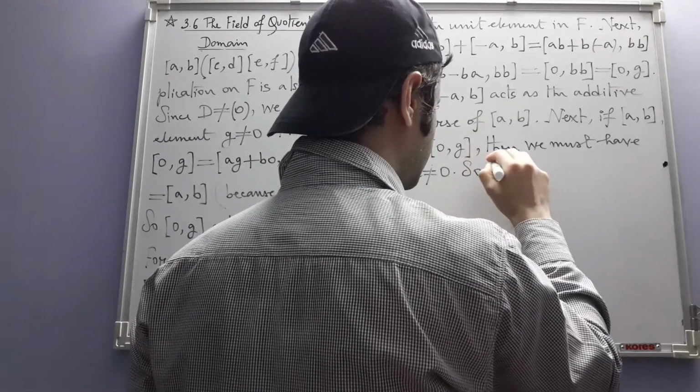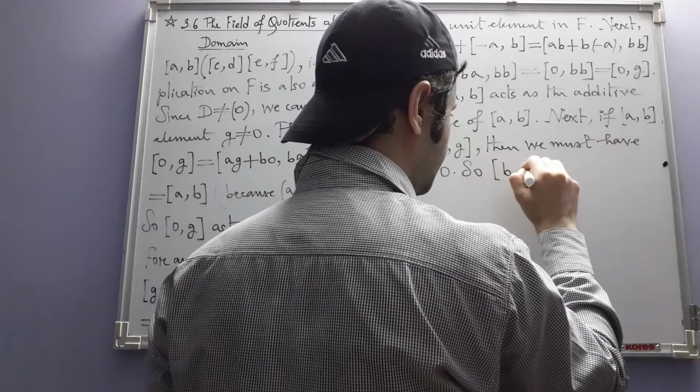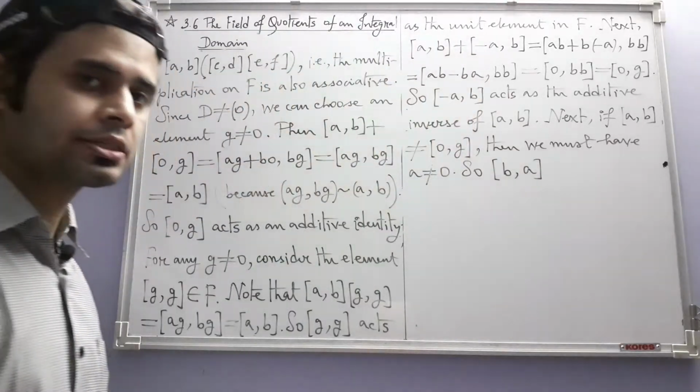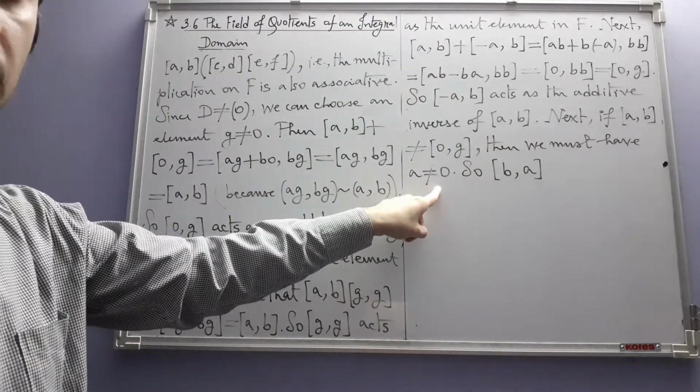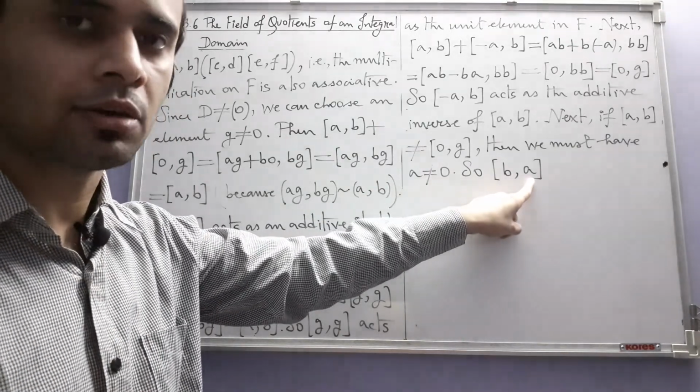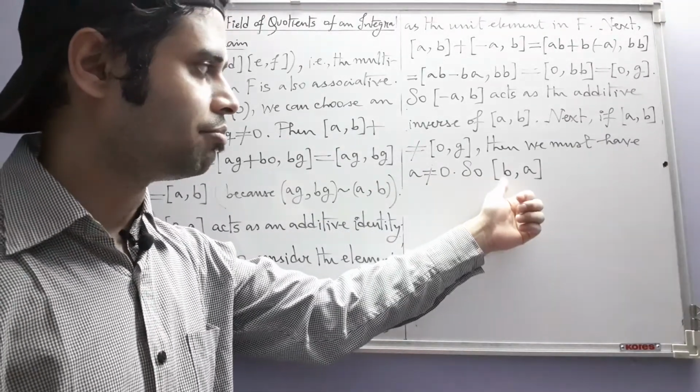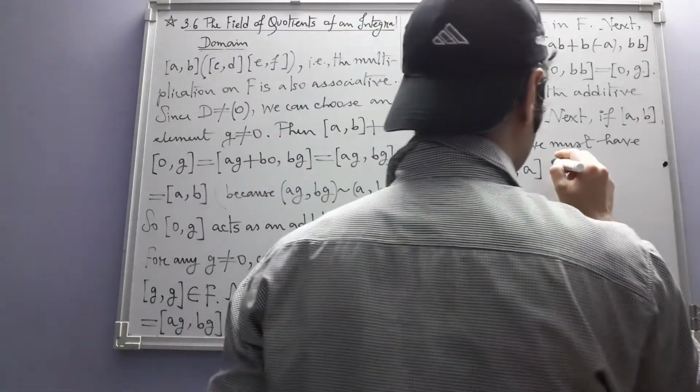So the element (b, a) also makes sense, because now a is non-zero, so I can make a the denominator and b the numerator.